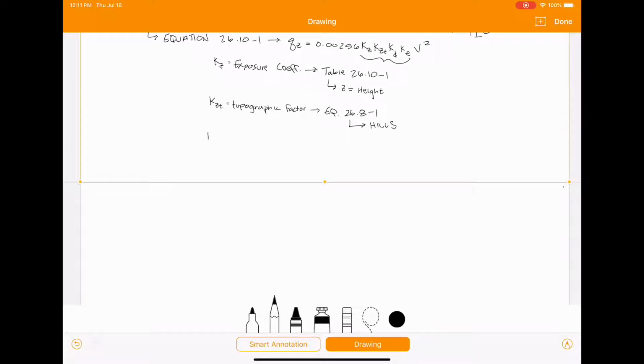And then next we have Kd, which is your wind directionality factor. You can pull that off of table 26.6-1, and that's based on your structure type.